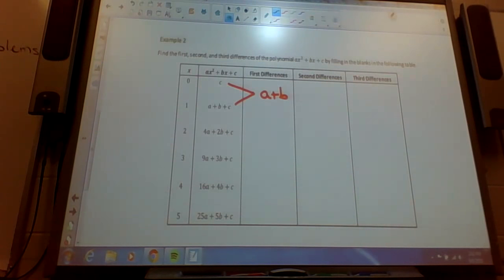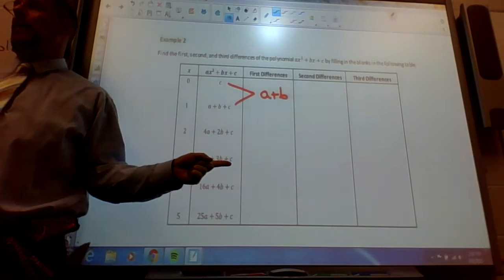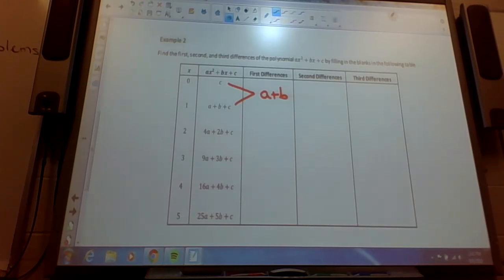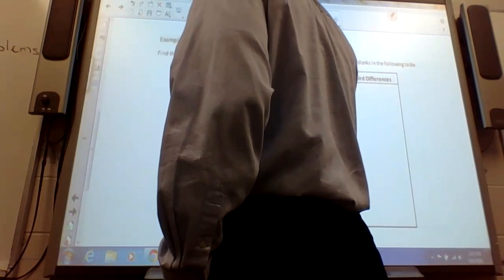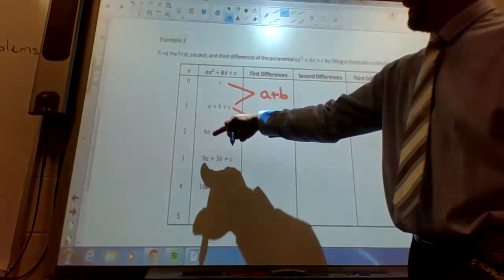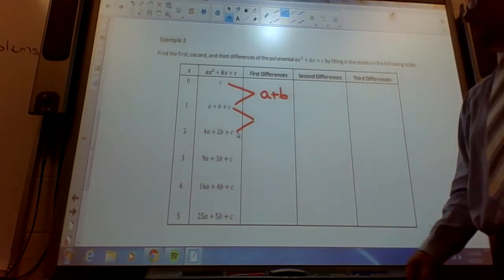First line. All right. How we doing? Great. How many people were able to get the first column filled out? All right. Let's lay it on me. What do we got for the second entry in the first difference column? 3A plus B. Who agrees with that? I buy that for $1.